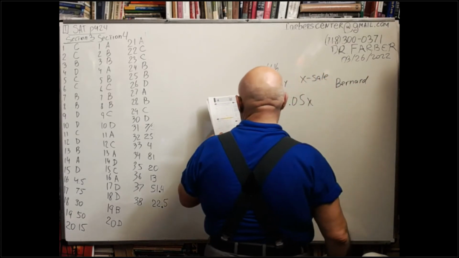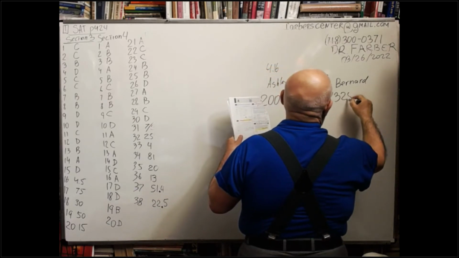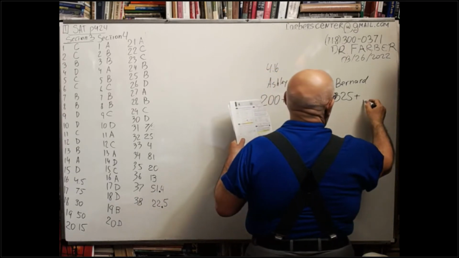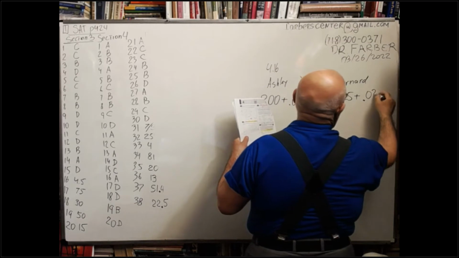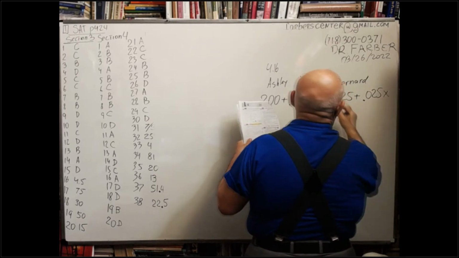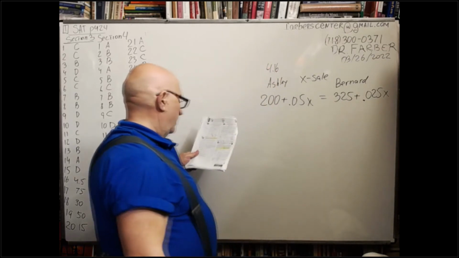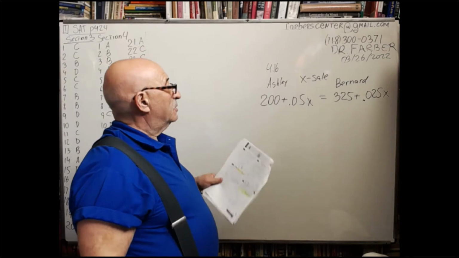He is paid 325 plus 2.5%, which is 0.025 of sales. And they said they equal each other, you see? Weekly pay is the same. So solve this equation.